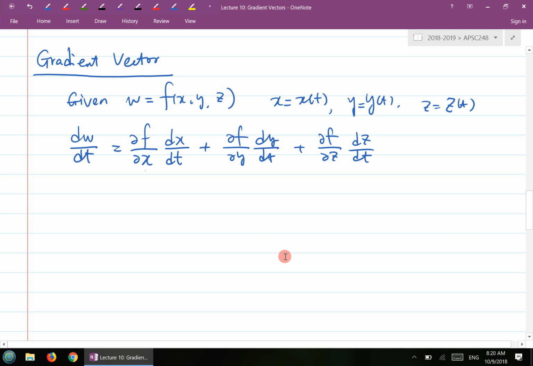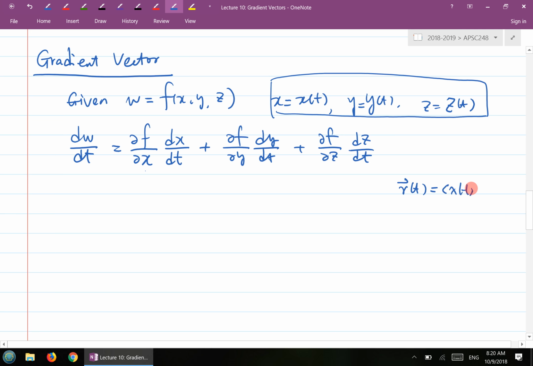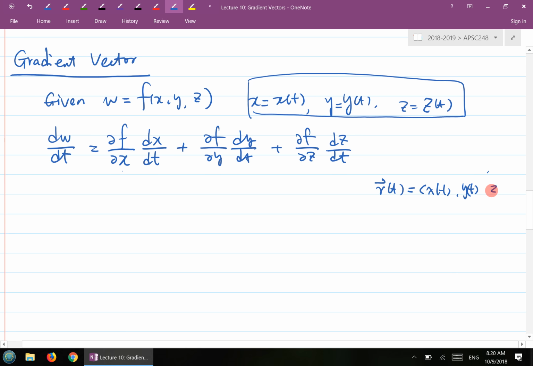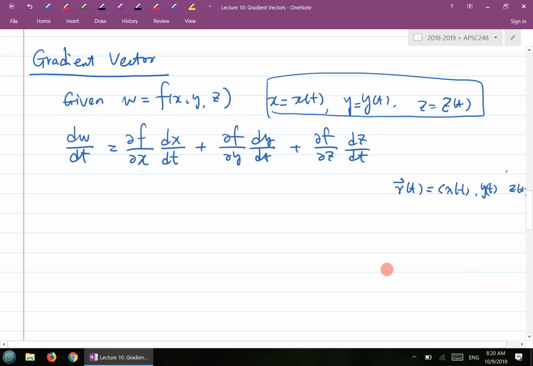You can consider x of t, y of t, z of t as part of a parametric equation. Now, for this expression, I'm going to separate it into two terms.